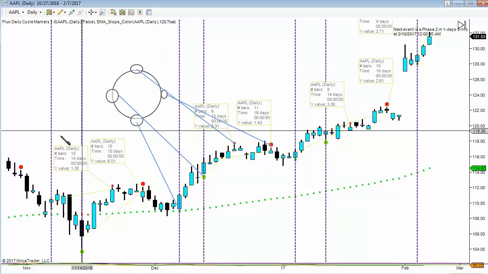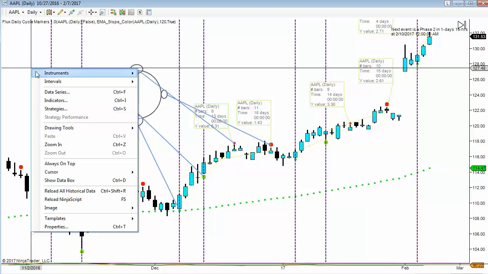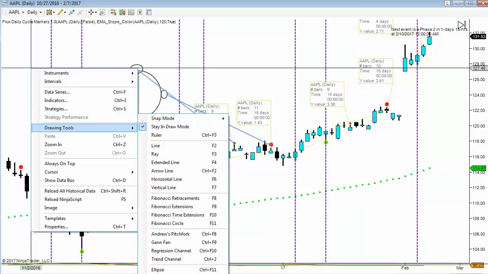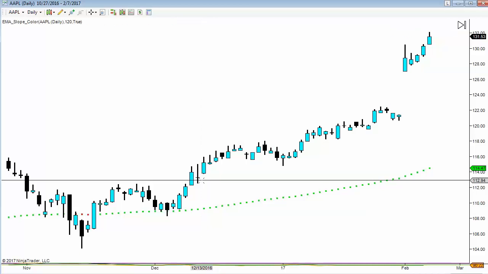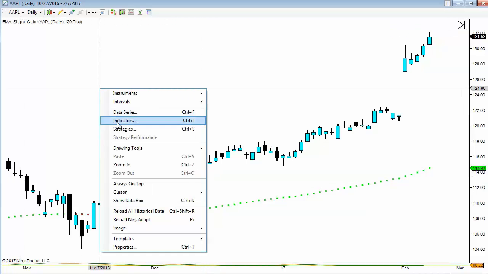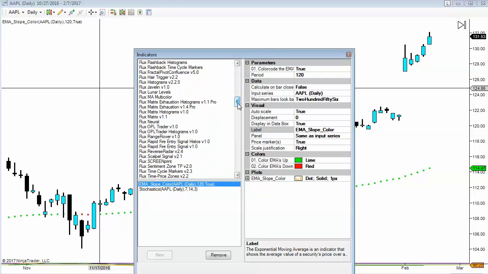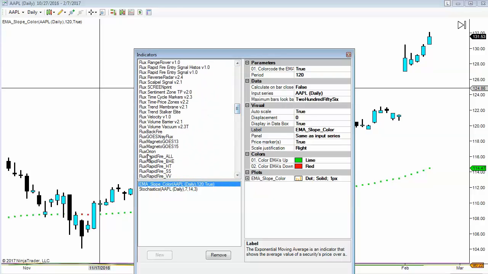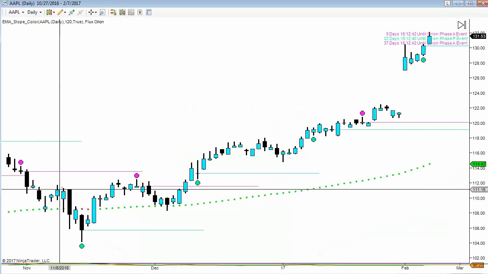The second energy cycle that we were able to discover and locate and track was the Flux Orion. The Flux Orion is a 180-degree cycle, and it also tracks a cause-effect environmental relationship.